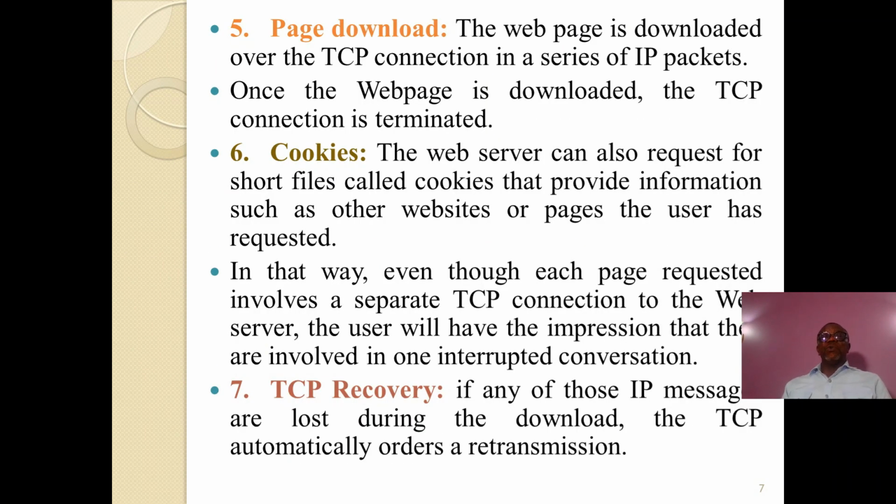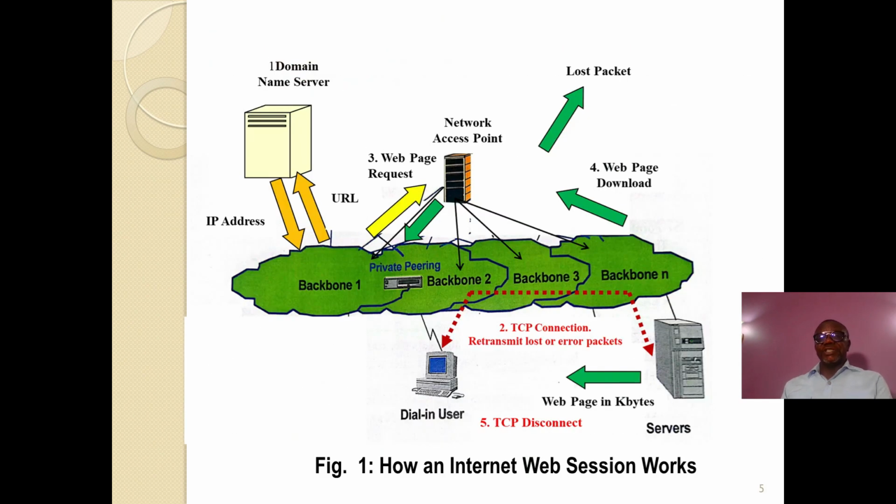Now, the web page is downloaded over the TCP connection in a series of IP packets. Let's quickly look at the diagram again. You see the green mark. The green mark shows that from the backbone where the information is, we assume that it is this server on the right.